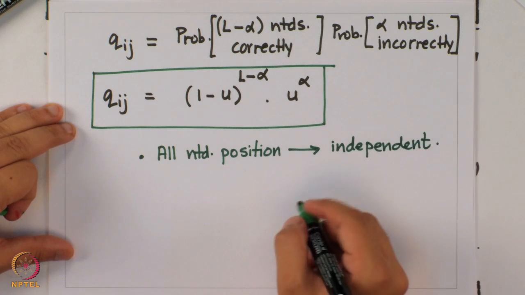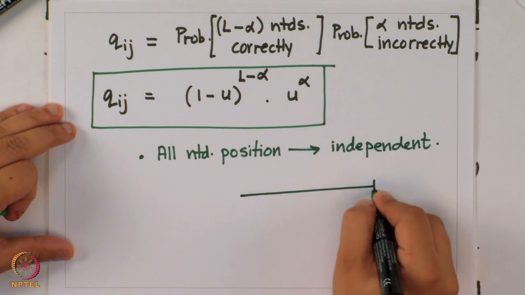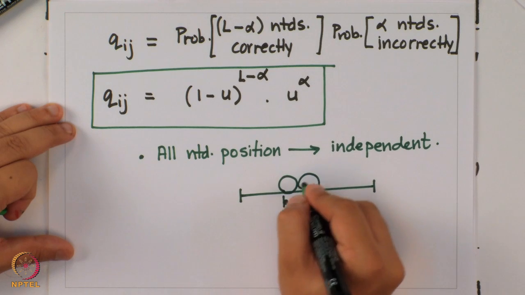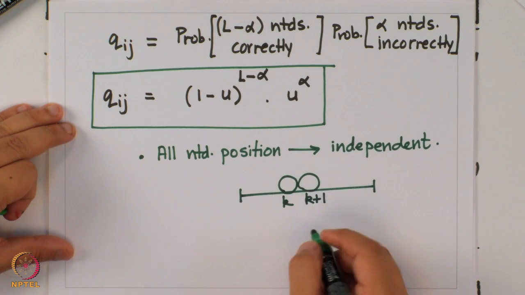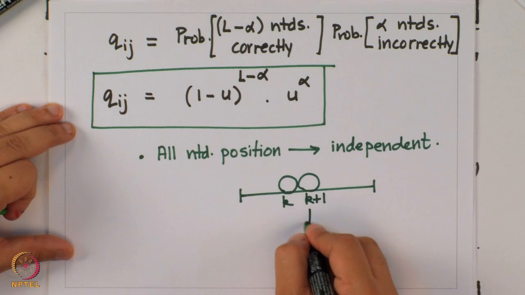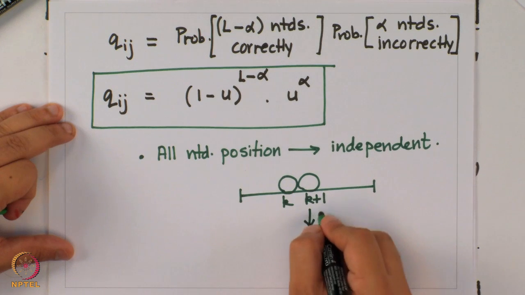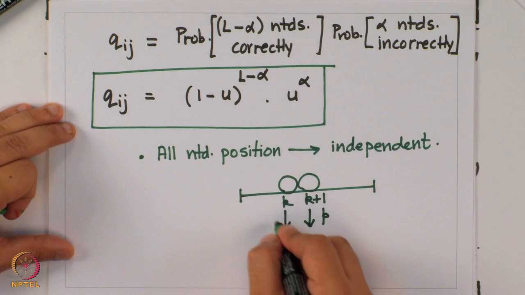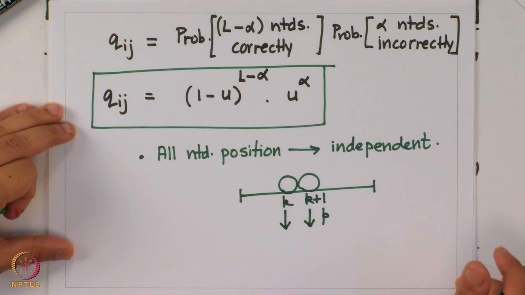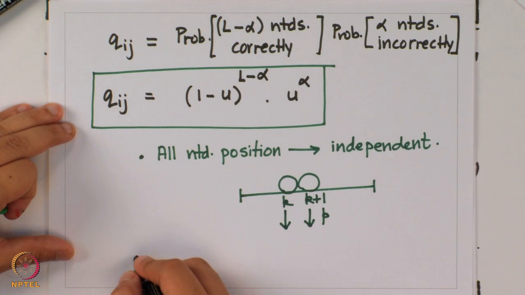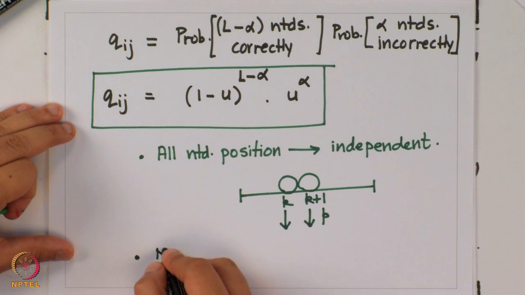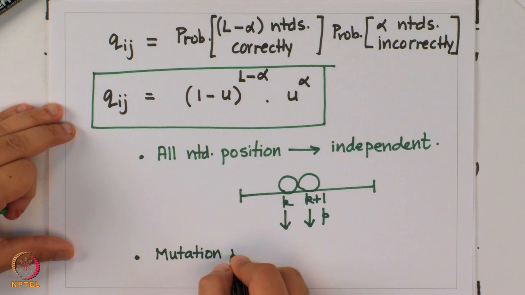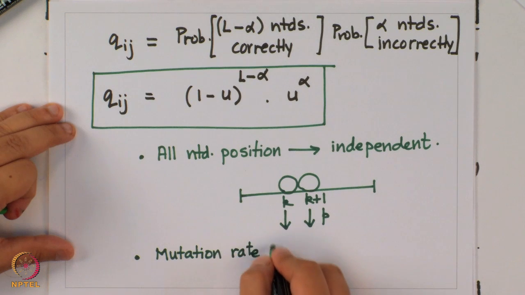So, if this is the length of the DNA, this is position k, this is position k plus 1, whether while copying k plus 1 an error is made or not, this probability is independent of whether an error was made here or not. These are independent events. The second assumption that we have made here is that the mutation rate is constant throughout.